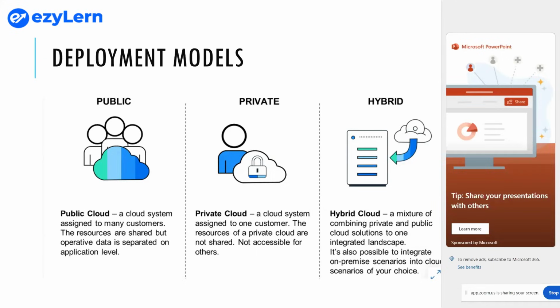What happens in this private cloud is if anything is accessed from other locations, then many network things come into the picture, like which ports need to be allowed, whether it is allowed through firewalls, and so on. The public and the private is like shared network and shared resources versus unshared resources.